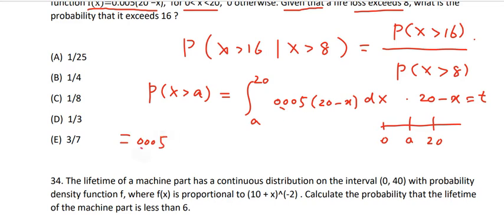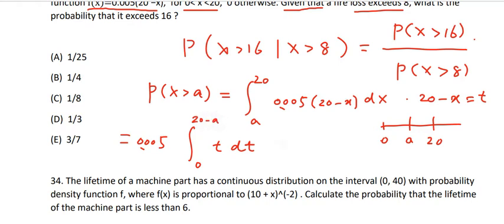We just take this coefficient outside, so this equals the integral of t dt, but with the negative dt, right? When x equals 20, t equals 0, and when x equals a, t is 20 minus a.